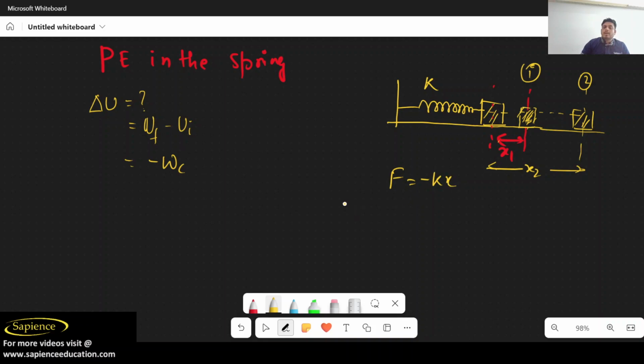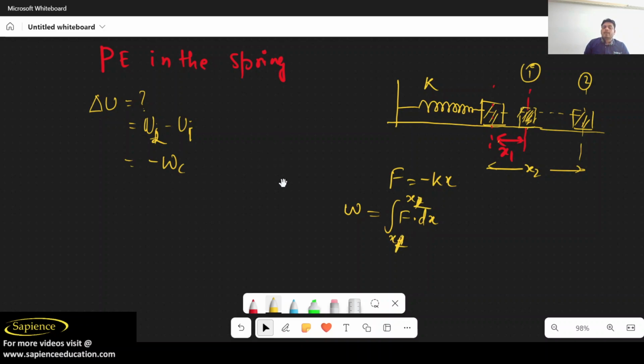Now, if I talk about work done, the work done will be the integration of F dot dx from x initial to x final. Or, if I talk about point 1 and point 2, here we can write from x1 to x2.